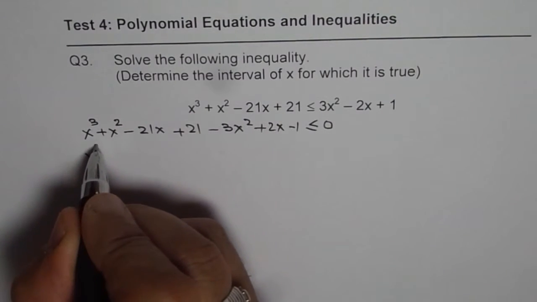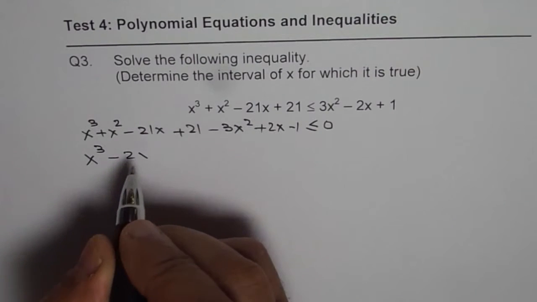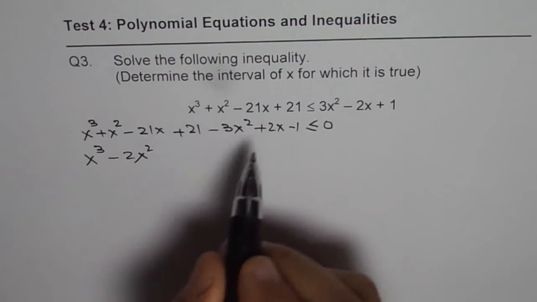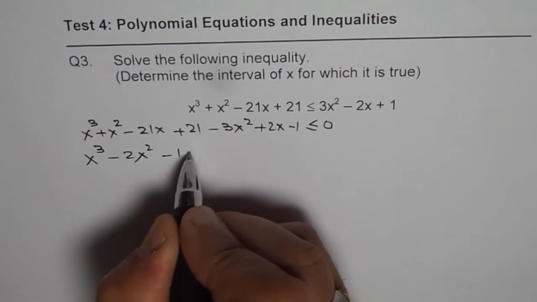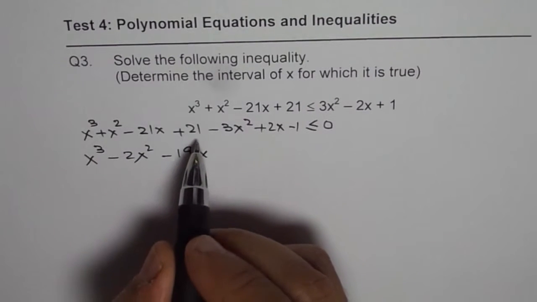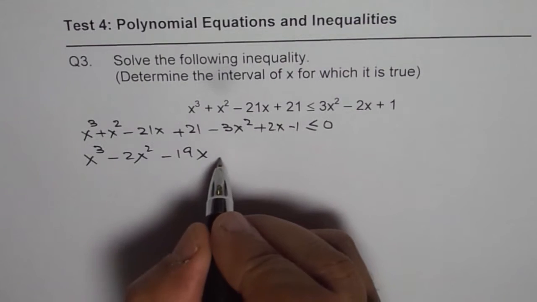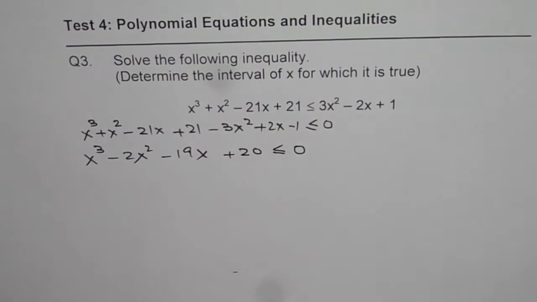We get x cubed, minus 2x squared, minus 19x, and the constants, 21 minus 1, give plus 20, less than or equal to 0.